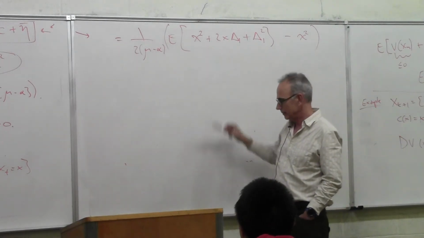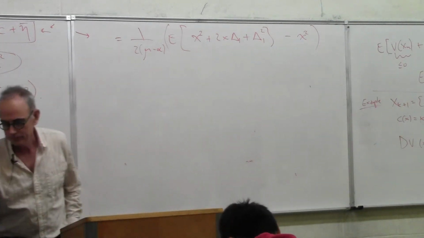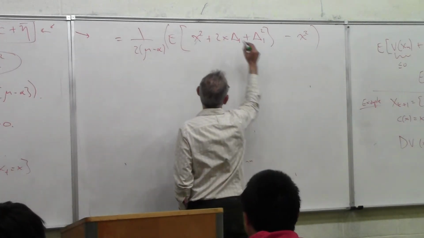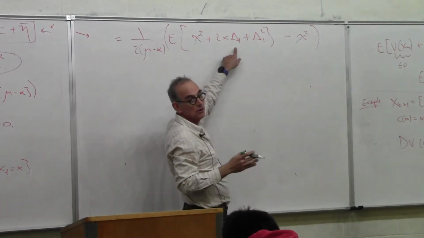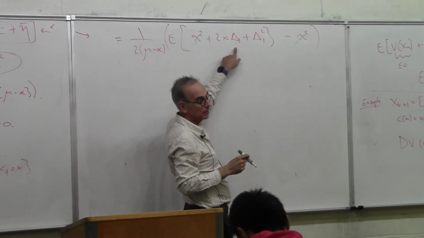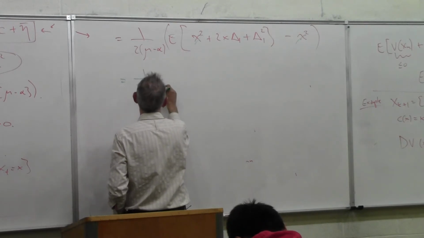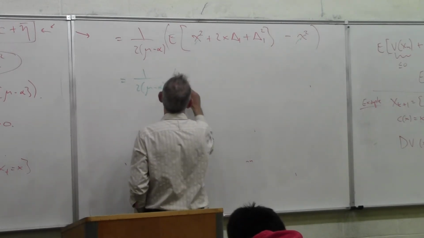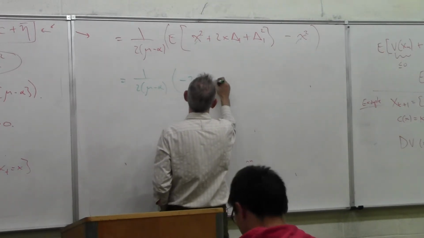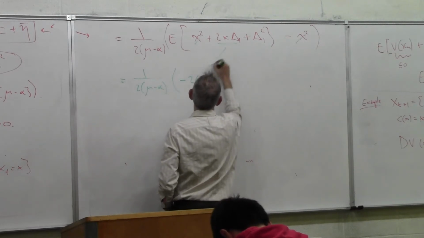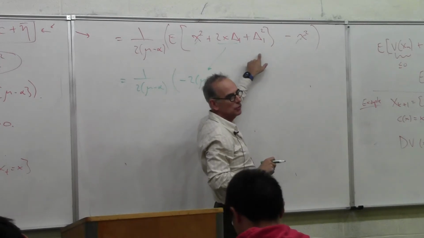The x squares cancel out, so those guys are gone. And we have our expectation of delta, which was our minus mu minus alpha. So I've got a minus 2 mu minus alpha x. That gives me that. And this annoying second moment term, it turns out to be mu plus alpha.